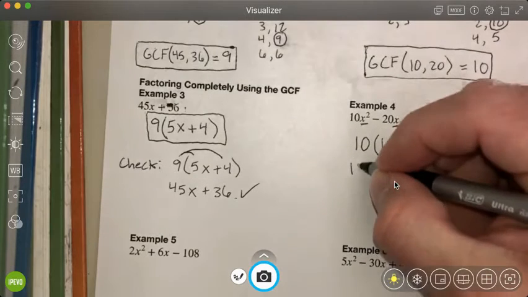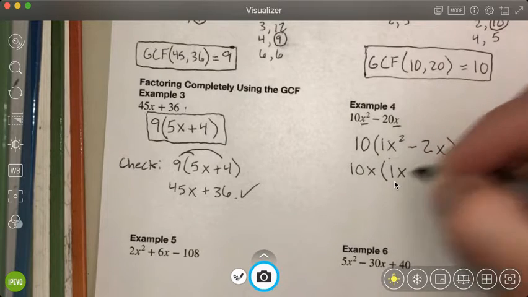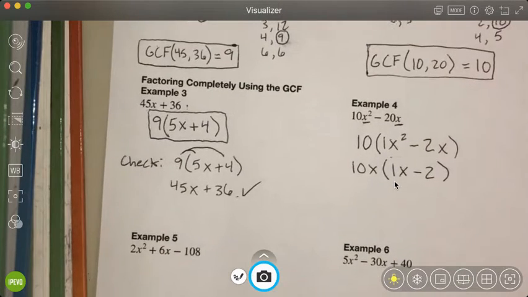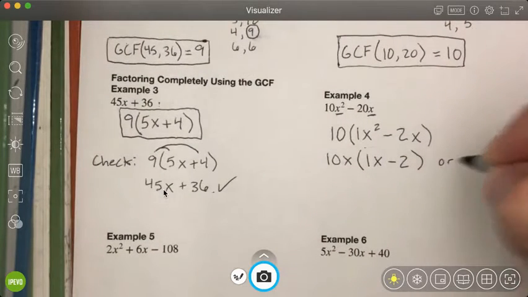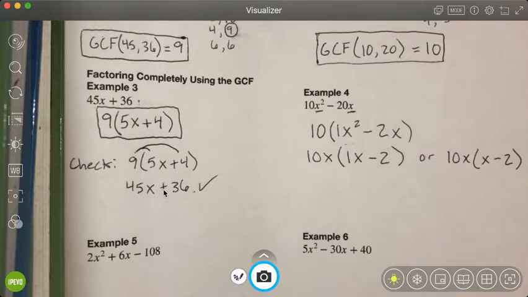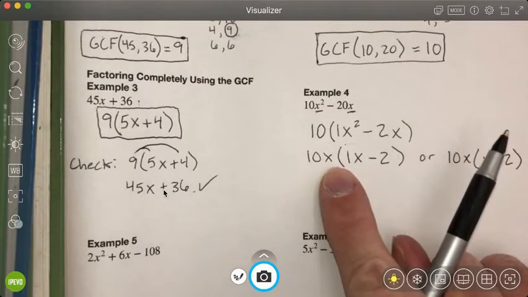So I can pull an x out of both of these, which should leave me 1x minus 2. Or that 1x is not necessary, I could just leave it like this. Both of those are good. I like this one because it's nicer to read, but this one's good too.